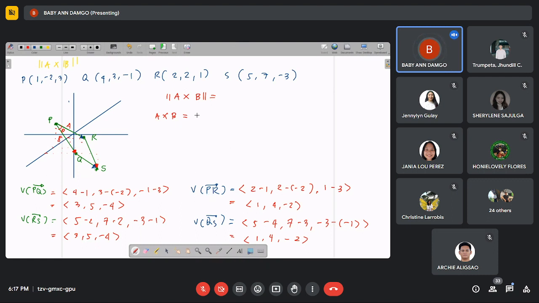So we have the determinant of I, J, K, then A, the vector PR, is 1, 4, negative 2, and B is the vector PQ, which is 3, 5, negative 4.